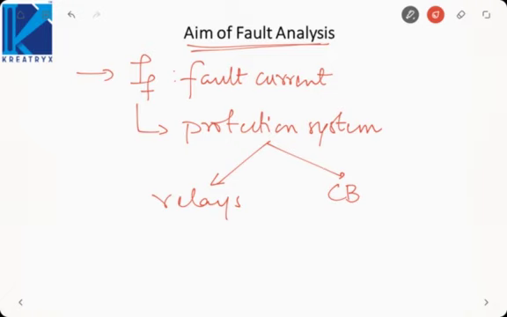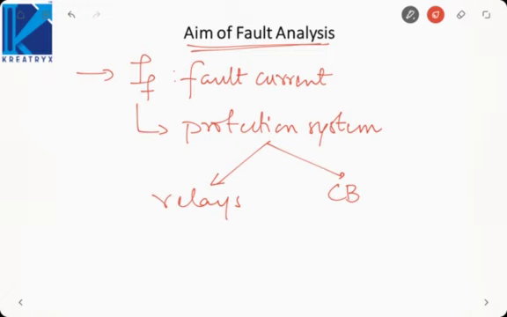Now if I give you two currents, one is the minimum fault current, the other is the maximum fault current, which current should the relay operate on? The answer is, it must always operate on minimum fault current, because if it can detect that 100 ampere is an abnormal condition, then definitely 200 ampere will also be an abnormal condition for the relay.